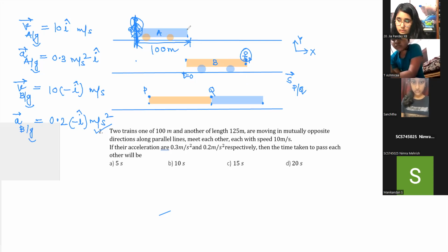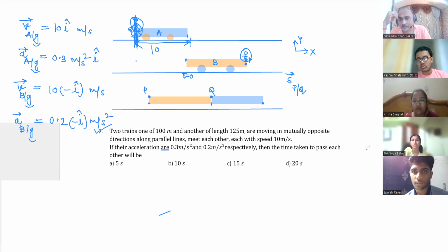Excuse me, sir. Yes. Sir, won't the P point be over the Q point in the second diagram? Yes. Ek minute. They have crossed each other only when P and Q are at the same position.